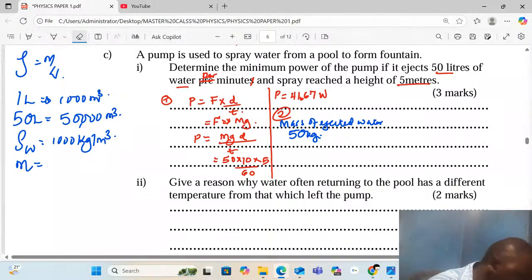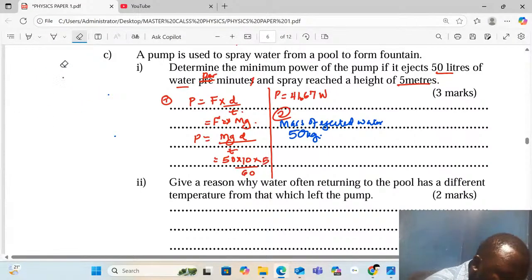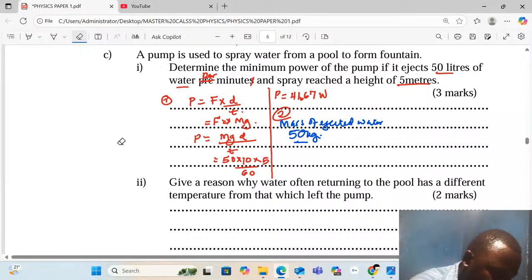Let me erase this. Where do we get this 50 from? This 50 kilograms is coming from 1 liter being equivalent to 1 kg when it comes to the comparison with the density. Allow me do something over here shortly so that I may have a good way to prove to you that it's supposed to be like that.